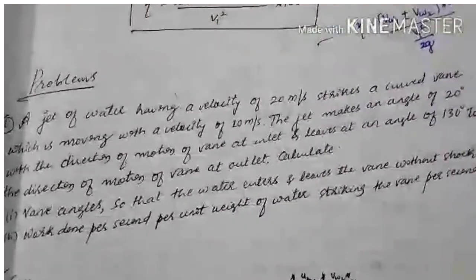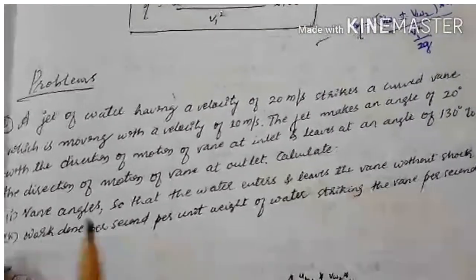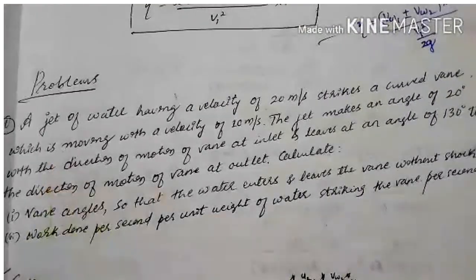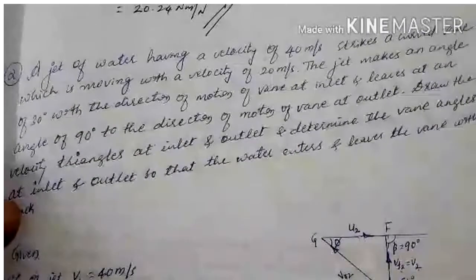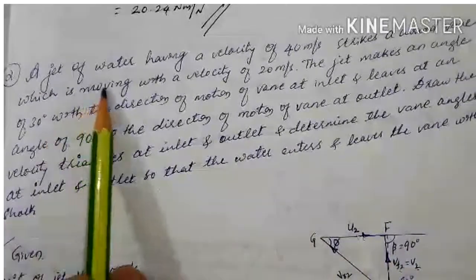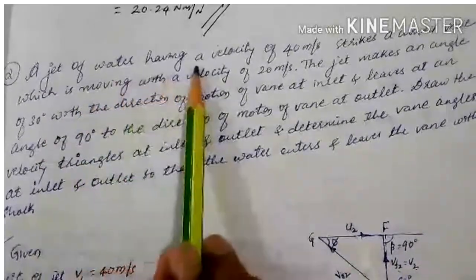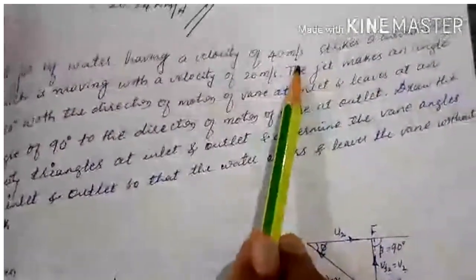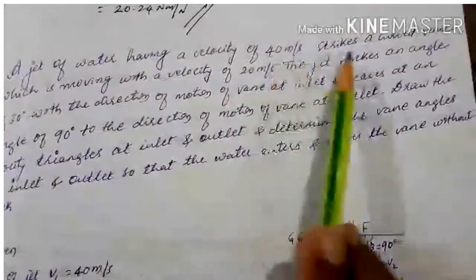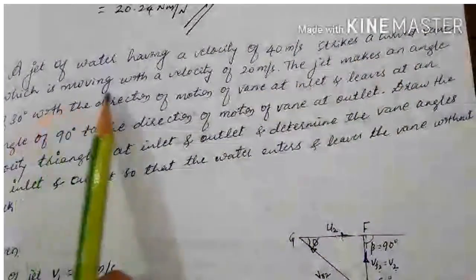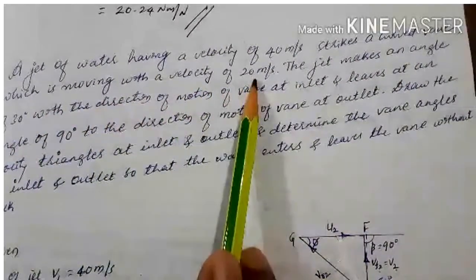So here is the problem given. Let us take this problem. A jet of water having a velocity of 40 meters per second strikes a curved vane which is moving with a velocity of 20 meters per second.